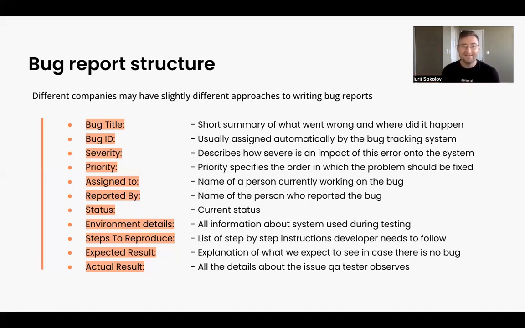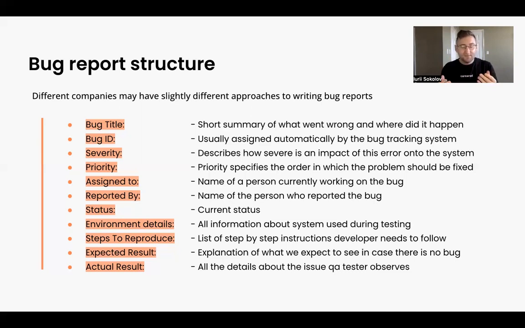Expected result is an explanation of what we expect to see in case there is no bug. So if everything works exactly like we expect, and let me remind you that a bug is basically a mismatch between expected and actual result. So what we expect to see and what we actually see. And this needs to be really well defined and explained in your bug report.